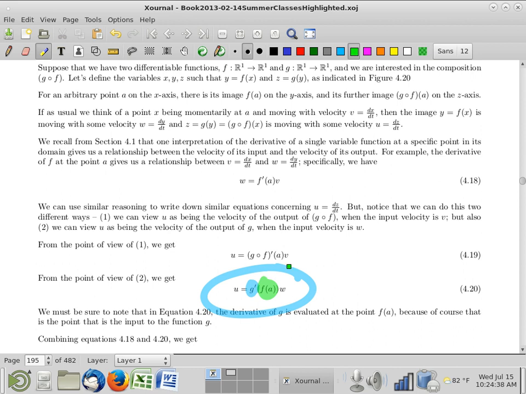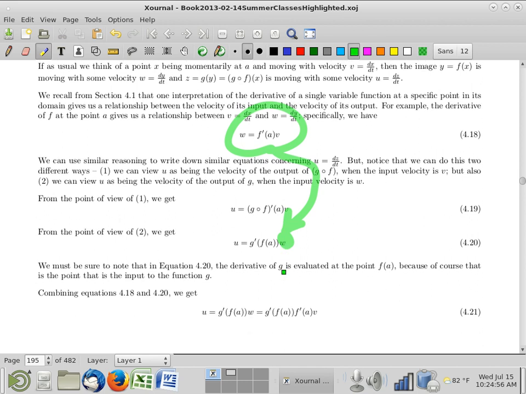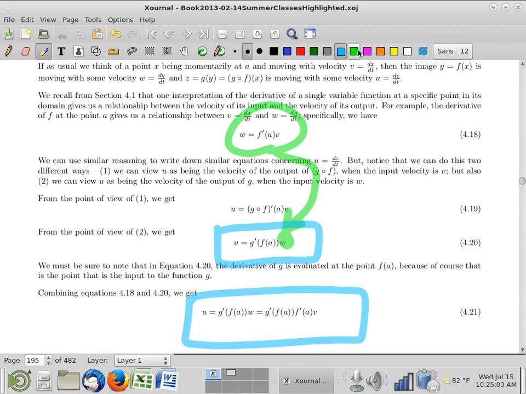So now, we've made three observations about derivatives. Notice that I can put this formula for w there, and that gives me this. This turns into this, because that w turned into that.